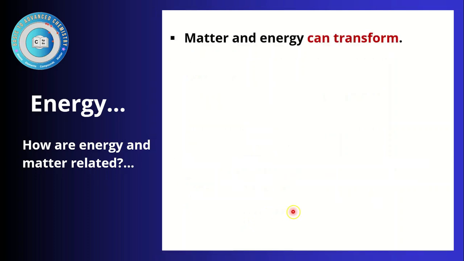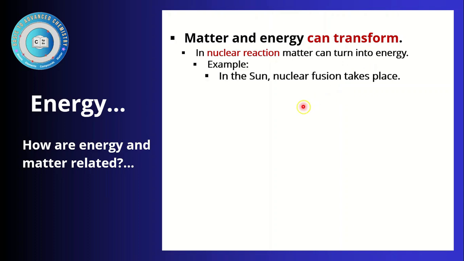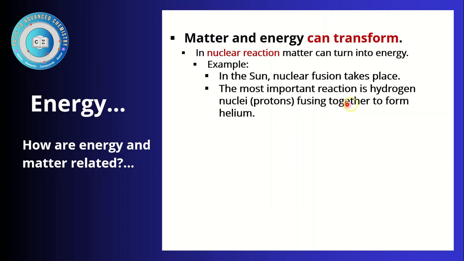Another relation between energy and matter is that matter and energy can transform. What does it mean? Matter can be transformed to energy and vice versa. In nuclear reactions, matter can turn into energy. For example, in the sun, nuclear fusion takes place. The most important reaction is hydrogen nuclei fusing together to form helium.